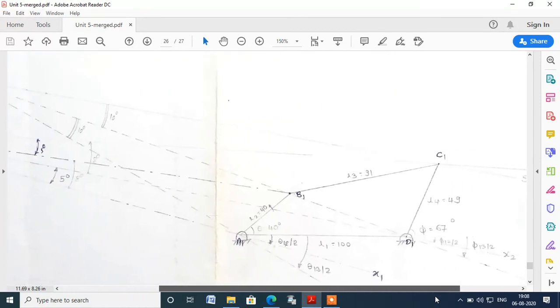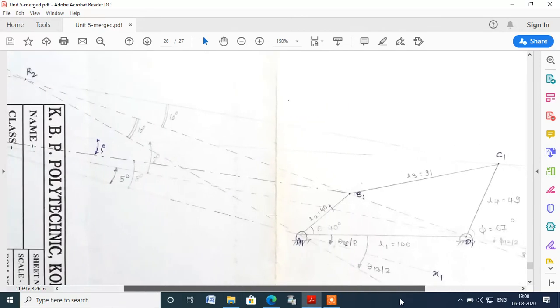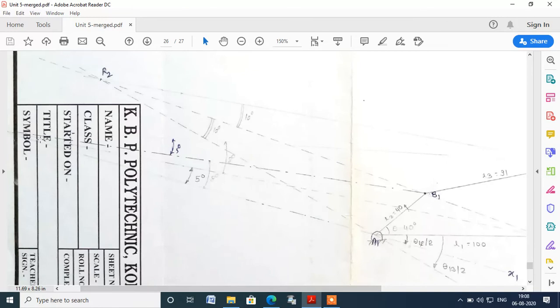If we measure the angle a1 r1 and x2, it is coming suppose 5 degrees. Whatever comes, you just measure it.